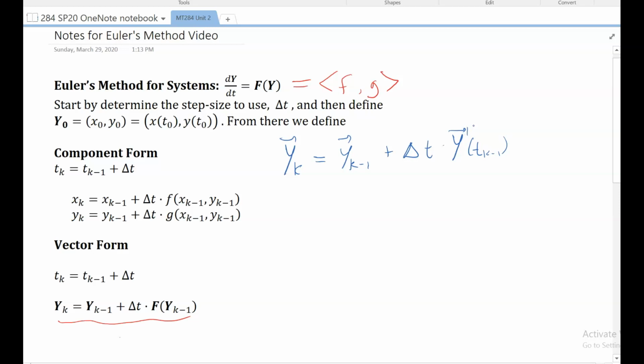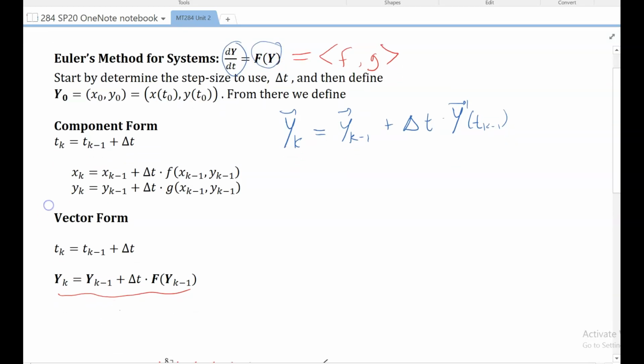Therefore we want to multiply the derivative vector by delta t. But the system tells us the derivative vector is equal to the vector field f of y on the right hand side. So to get the next approximate, we take our previous approximate and add on delta t times f of y of t sub k minus 1, our previous y value. That observation is really important.